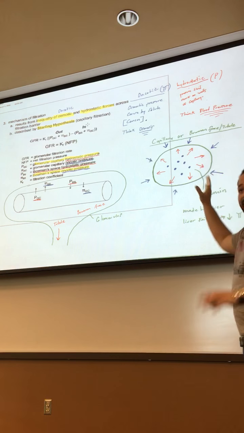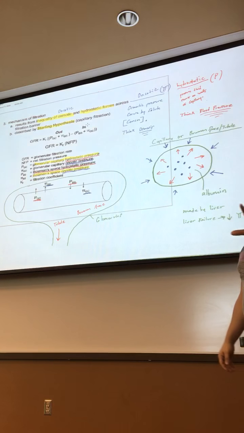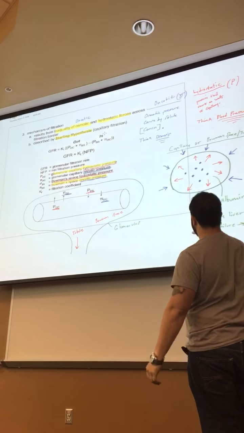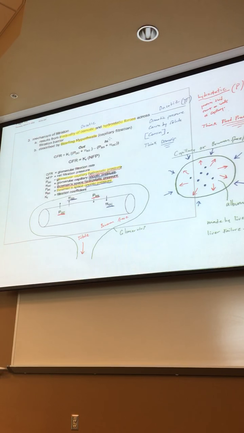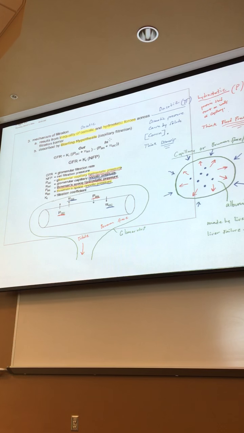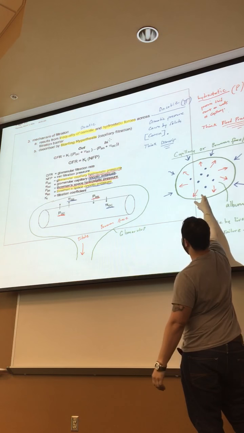So hydrostatic pressure, hydro, fluid, it's like blood pressure. It's the pressure that the fluid is exerting on the wall of the arteries. That's what's represented in red. That's pretty easy. The oncotic pressure becomes a little more tricky. When you say oncotic, think of osmotic, osmosis. Why? Because there's a concentration of albumin in the blood.